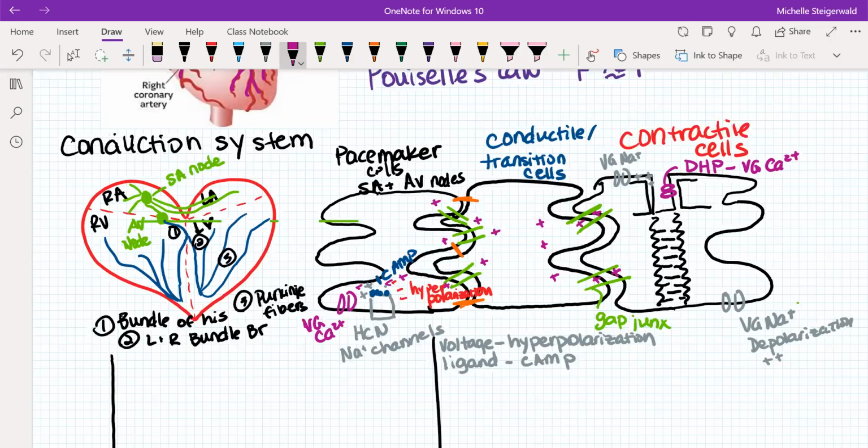This is now going to allow calcium that's in the extracellular space to move into this T-SR junction. And on the SR here, we're going to have another channel, and this is the ryanodine receptor. This is a ligand-gated calcium channel.